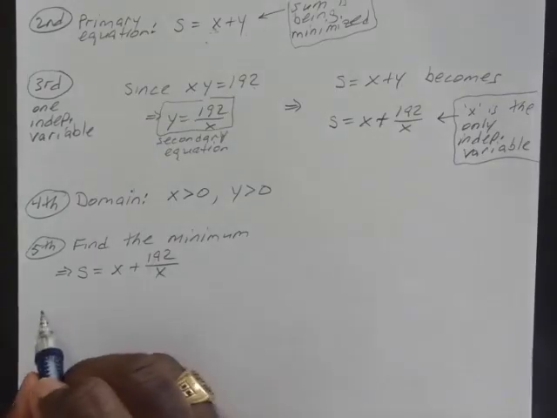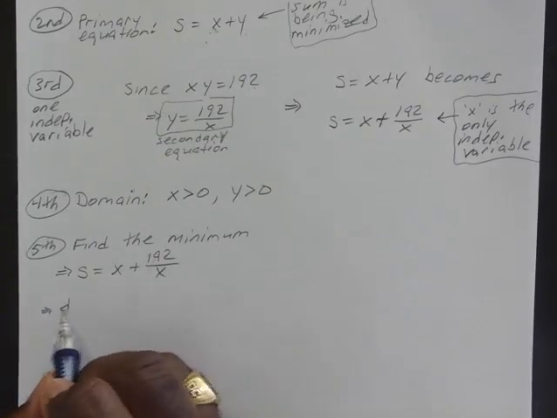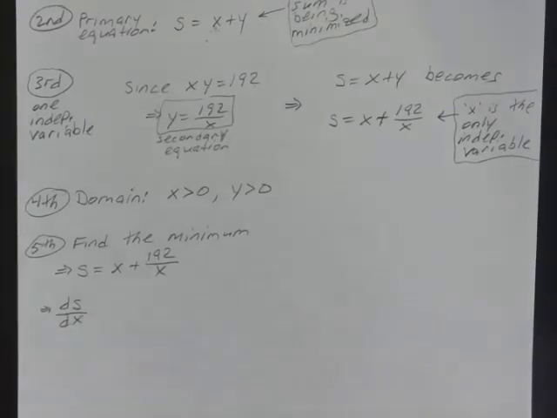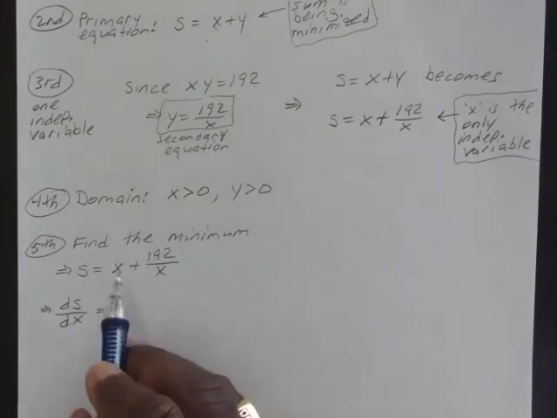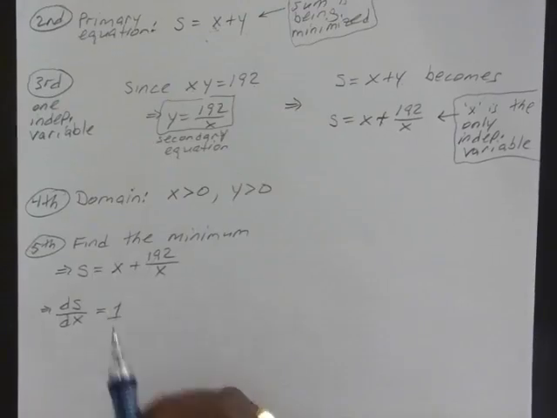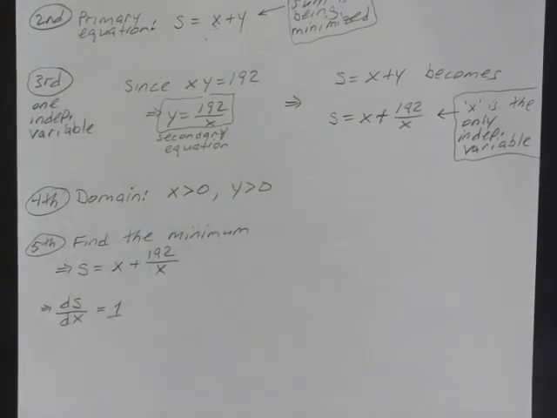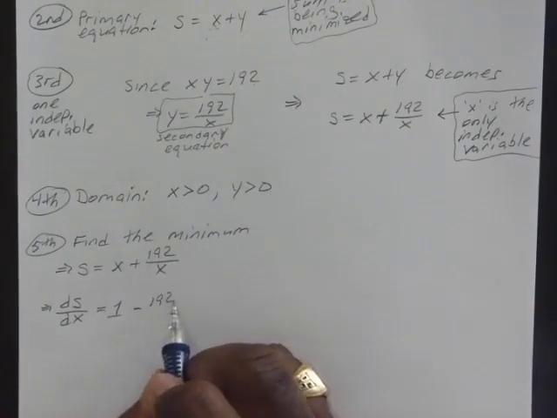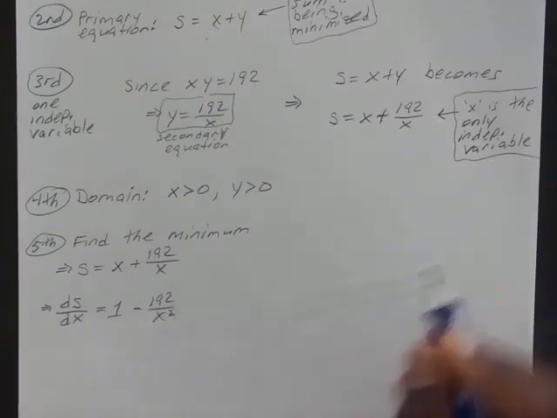Then we just find the derivative of S with respect to x. Well, the derivative of x is just 1, so that's 1. And the derivative of 192 over x is negative 192 over x squared.